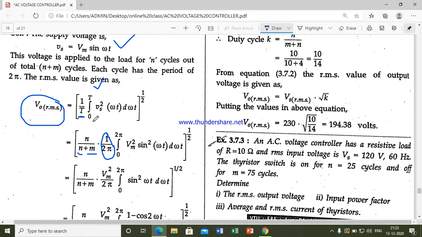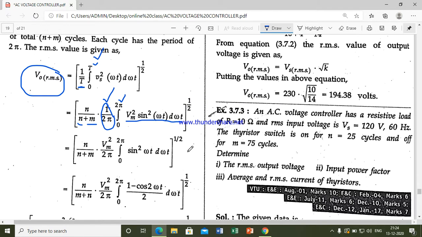So total T period includes 360 degrees, and this T means what? 2 pi. Next, Vs you can substitute with Vm sin omega t into d omega t, whole raised to 1 by 2. And also in this case, take this 2 pi outside.